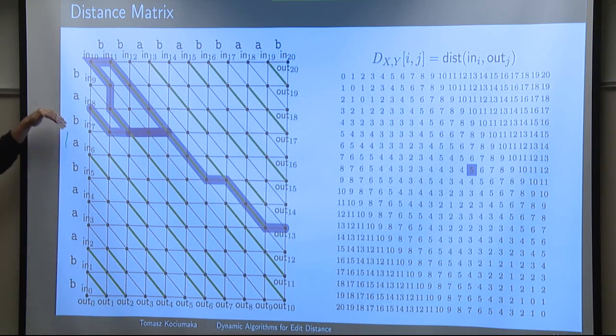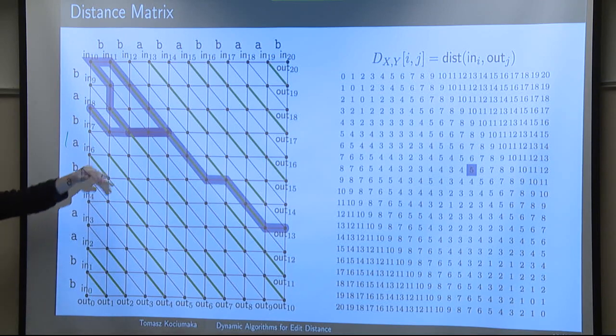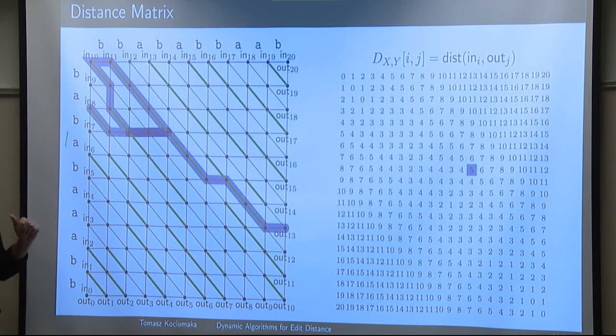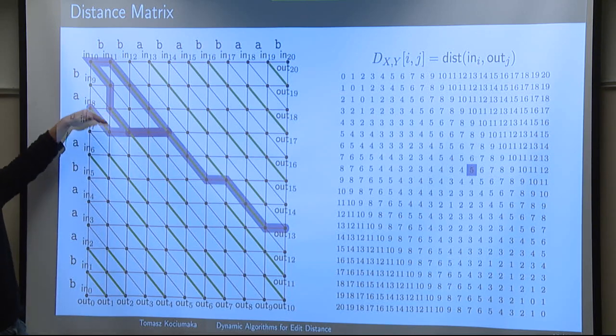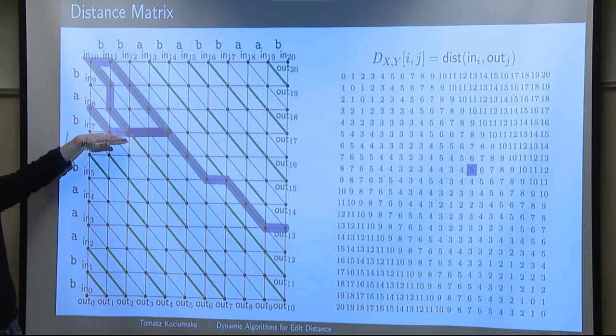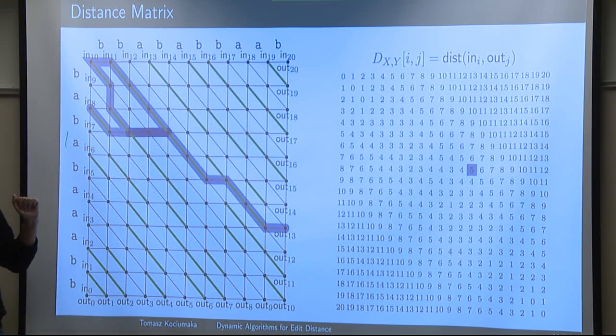And that's because whenever you have a path that is not monotone in both coordinates, then it will visit some row or some column twice while leaving this row or column in between. And now we can simply straighten the path by just following the edges on the row or on the column.